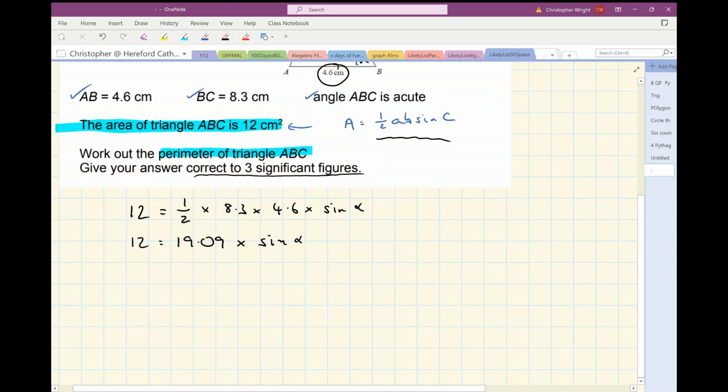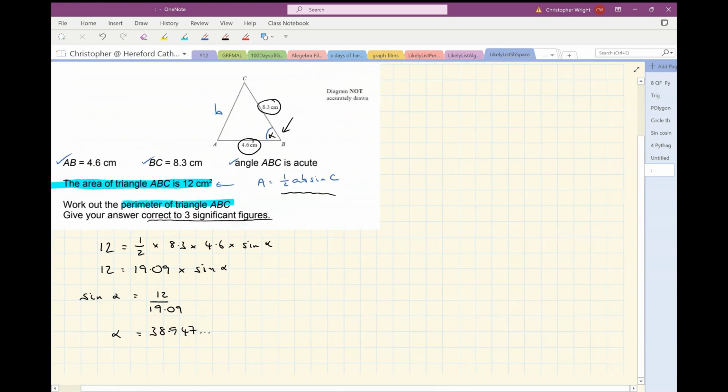Brilliant. So sine alpha, dividing both sides by 19.09, is 12 divided by 19.09, and if I put that into my calculator and inverse sine it, shift sine, then I find that that angle alpha is 38.947, and so on. Good. Right, I know that angle alpha there is 38.9.